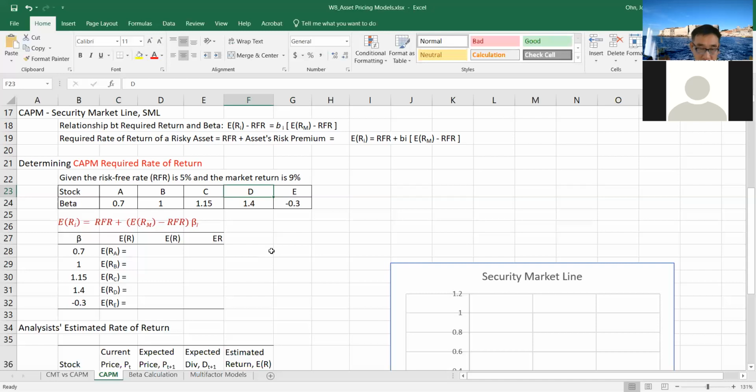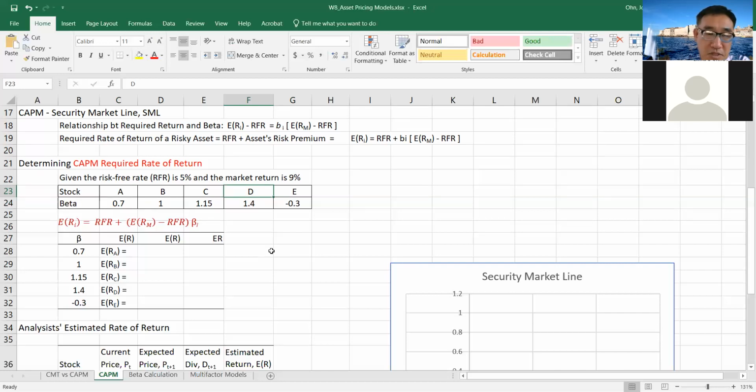Did you get it? That's the big picture of different betas, the size of beta. We have this one negative beta, which shows a negative reaction or movement, the opposite movement to the market.